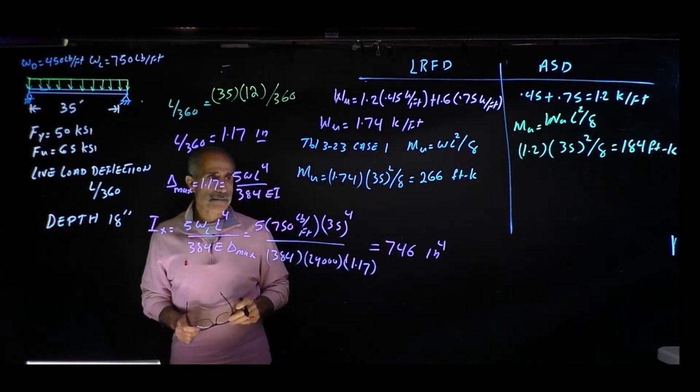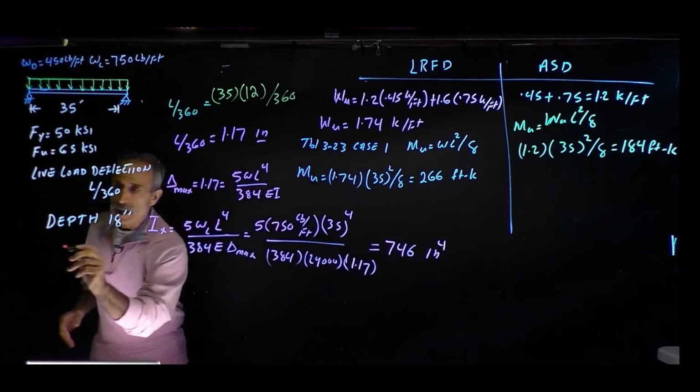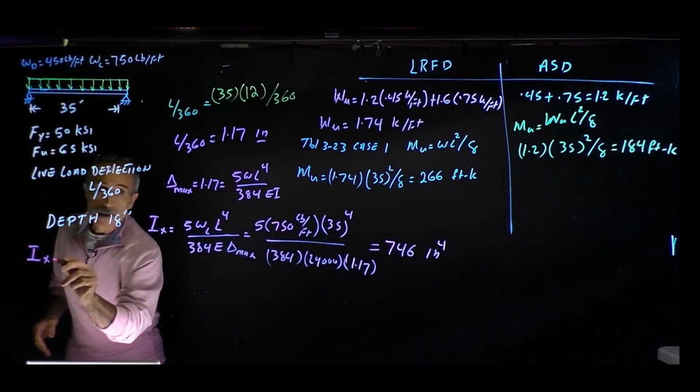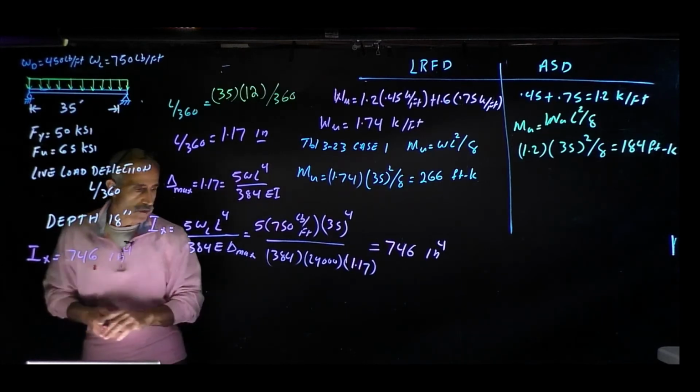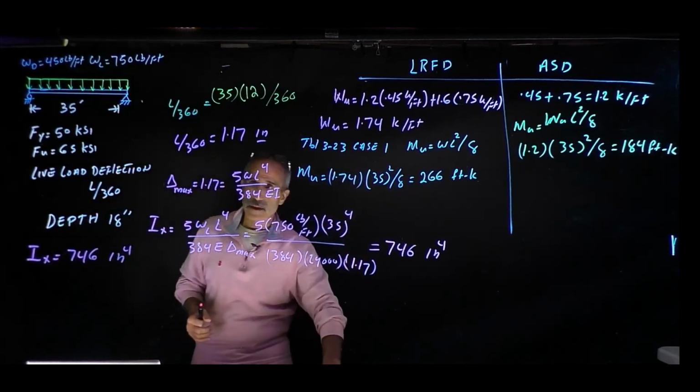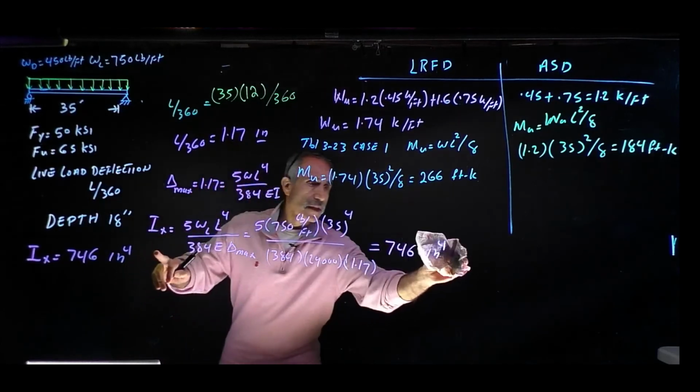Our Ix came out to be 746 inch to the power 4. Let me take this out, I need this room here. You know how we got this.